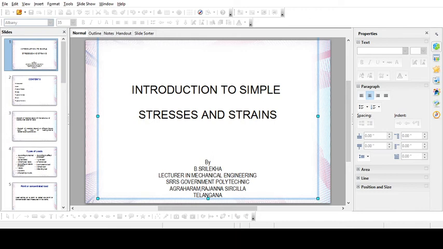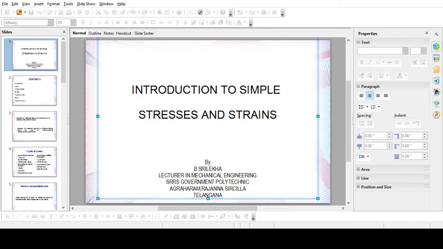Next, type of loading. According to various disciplines we have various types of loads. First, according to the manner in which it is imposed, we have point or concentrated load. Next we have distributed load.